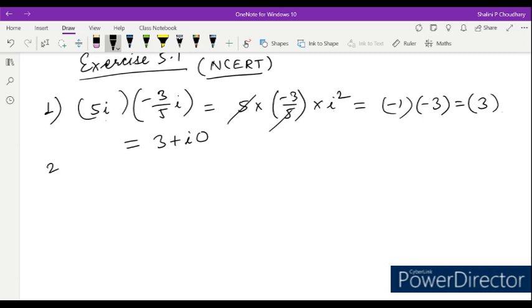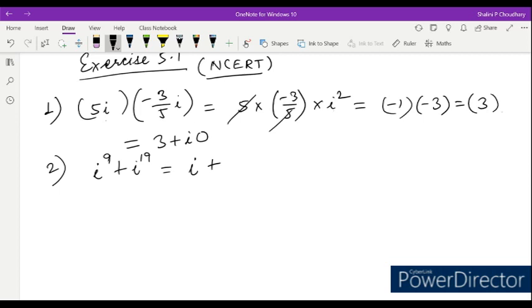Next is question number 2, that is i to the power 9 plus i to the power 19. Since i to the power 4 is equal to 1, i to the power 8 will be equal to 1. Whatever power is a multiple of 4, that will be equal to 1. So i to the power 9 will be equal to i.